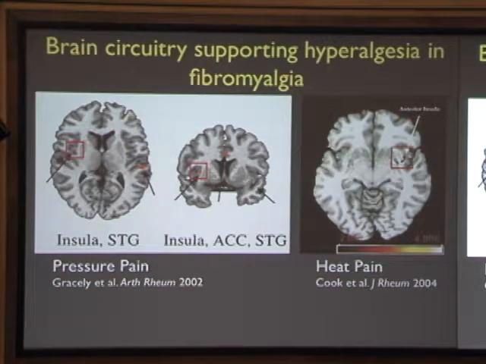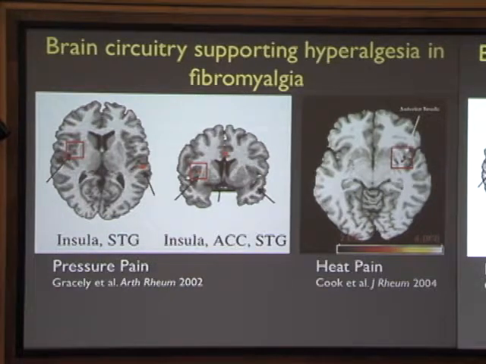So this, for example, is what's known as an evoked pain study. You're looking at hyperalgesia. It's known that these patients report pain as being stronger than a comparison group of healthy adults when stimulated with the same amount of pain. And so these are the brain correlates of this quote-unquote hyperalgesia. And you can see the insula is an important area that shows greater activation in patients than in healthy controls when they're being stimulated with a quote-unquote experimental pain.